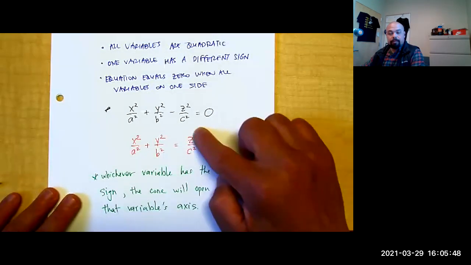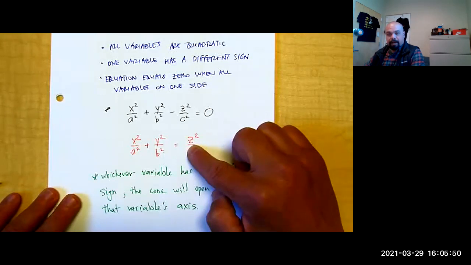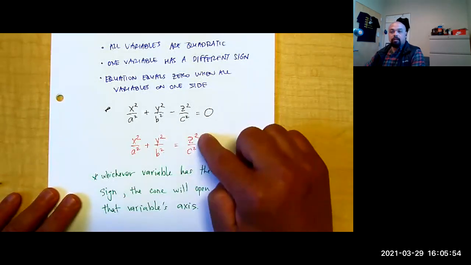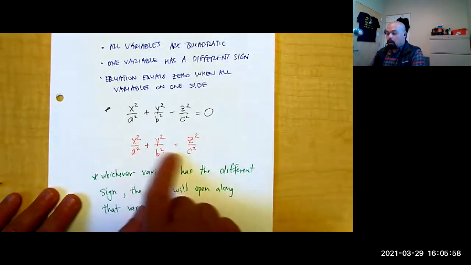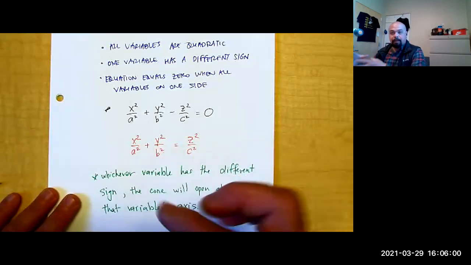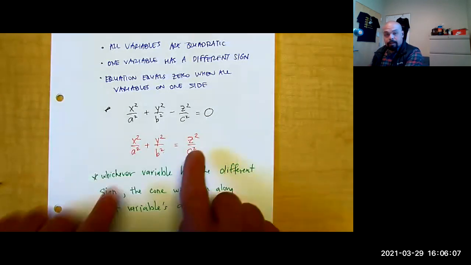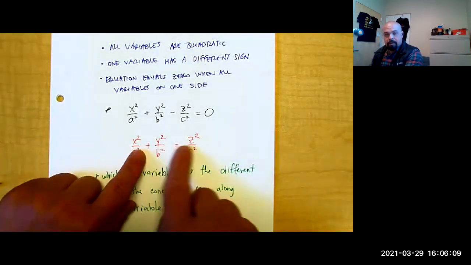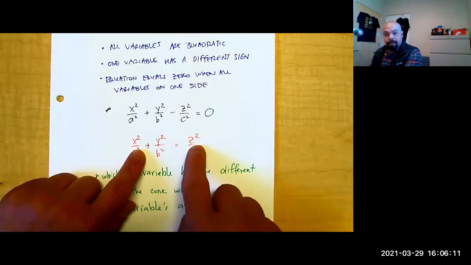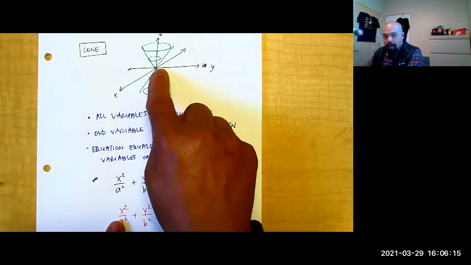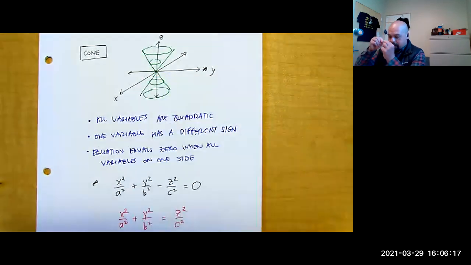So as long as this quantity over here is some positive value bigger than 0, in those xy planes, we're going to get ellipses, slowly but surely opening up wider and wider. And since they're all squares, they're always going to be positive. The only time it's going to be equal to 0 is if all three variables are 0. So that's where we're getting the origin as that point where our cone meets.